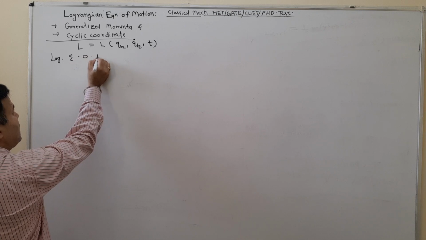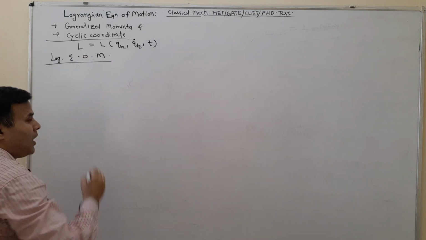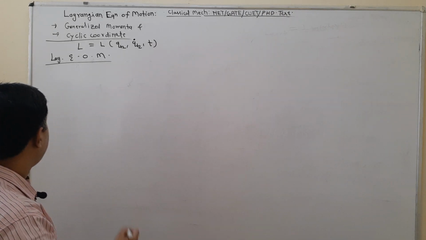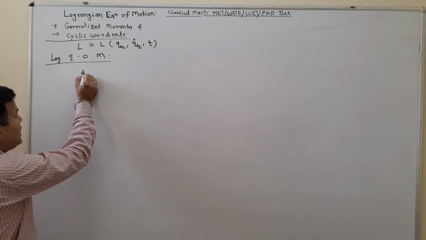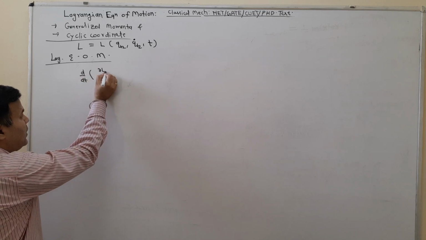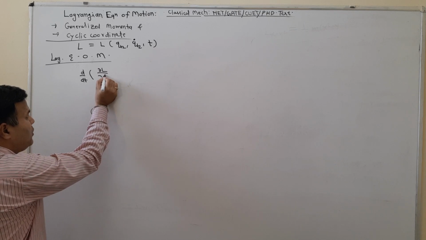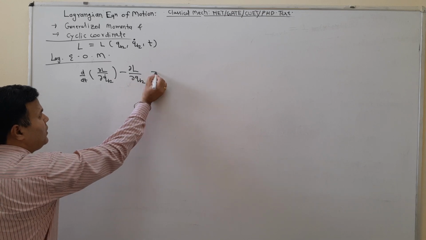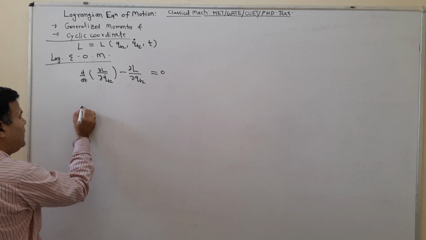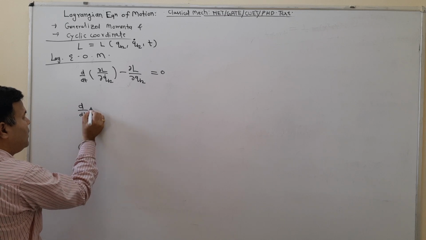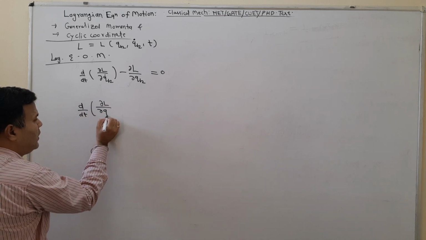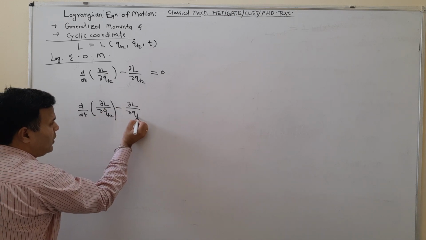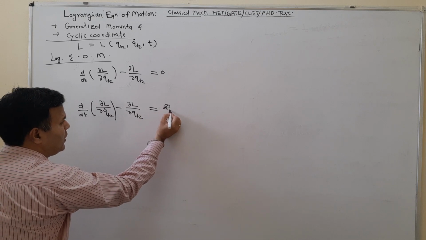I am not going to discuss the details of the derivation, just the information. This is d by dt of del L upon del qk dot minus del L by del qk, which is equal to 0, and we have another equation, d by dt of del L upon del qk dot minus del L by del qk equal to something on the right hand side.